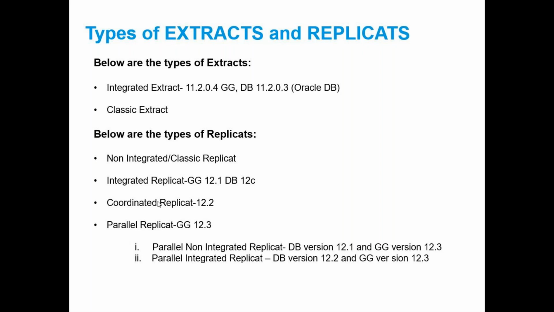Thread 2 will take care of transactions from 334 to 666, and the remaining transactions will be taken by thread 3. So it ensures that multiple threads of your classic Replicat are running. That is coordinated Replicat. It was introduced to improve the performance of classic Replicat. But with the introduction of parallel Replicat, I don't see coordinated Replicat being used much.